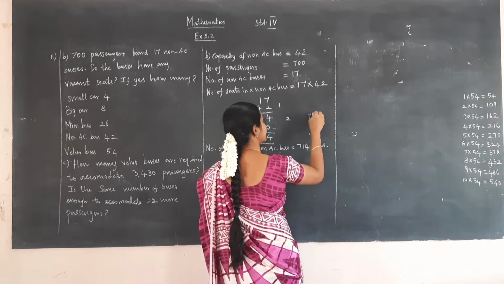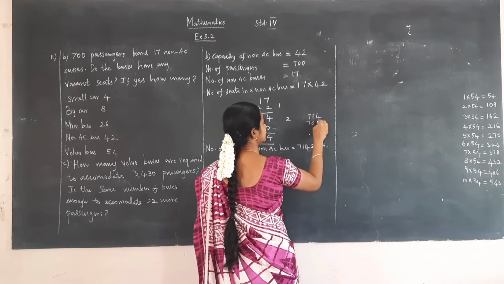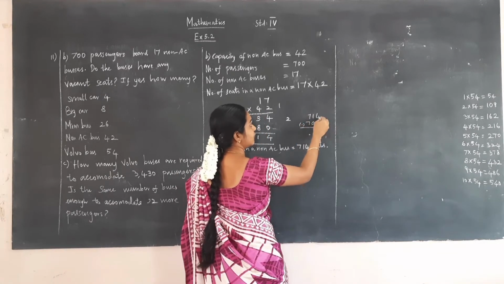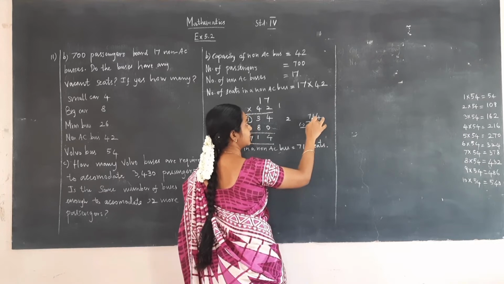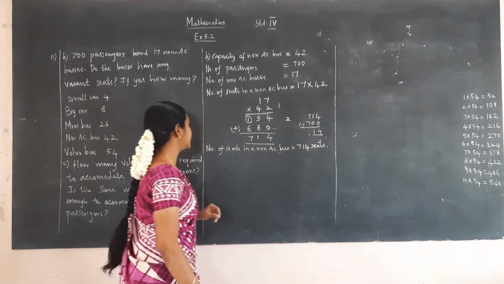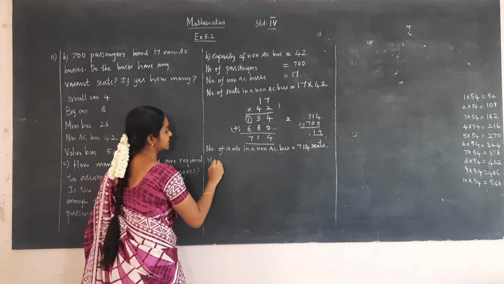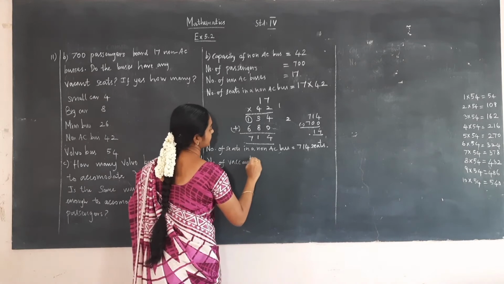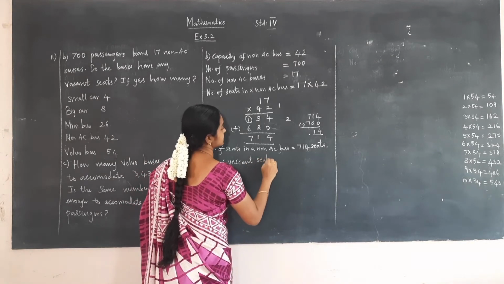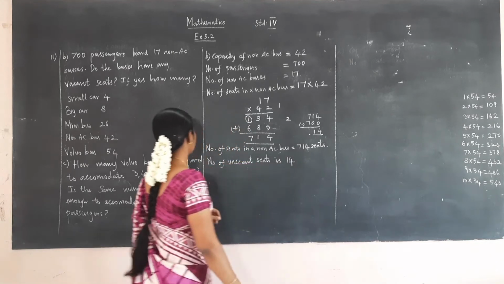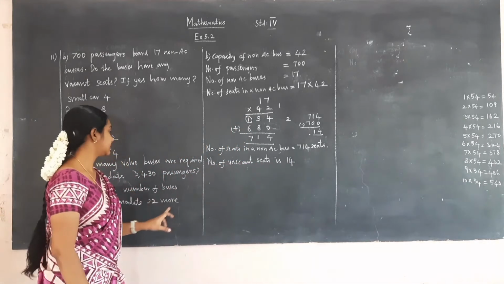When we subtract 700 from 714, 4 minus 0 is 4, 1 minus 0 is 1, so the answer is 14. Number of vacant seats is 14.